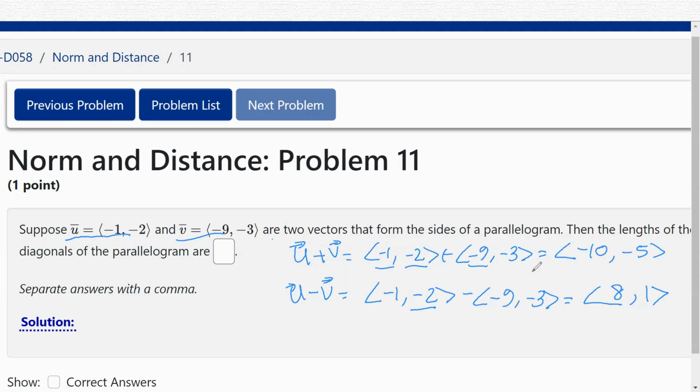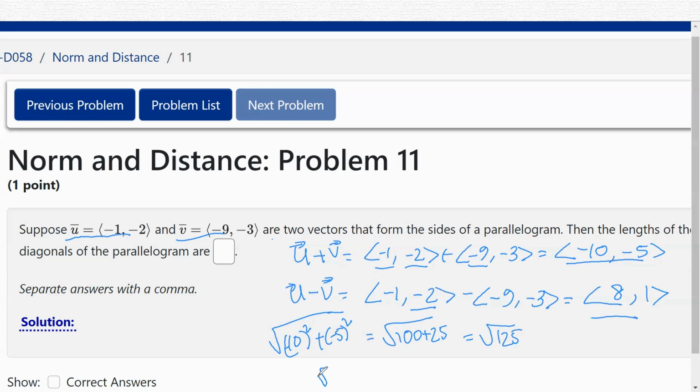And then I take the norm of this one, I take the norm of this one, and then I put it here. So norm of negative 10 square plus negative 5 square is anyway going to give me a positive number. So 100 plus 25 is going to give me 125. And for the second one, I'm going to get 8 square plus 1 square, which is 64 plus 1, square root 65.